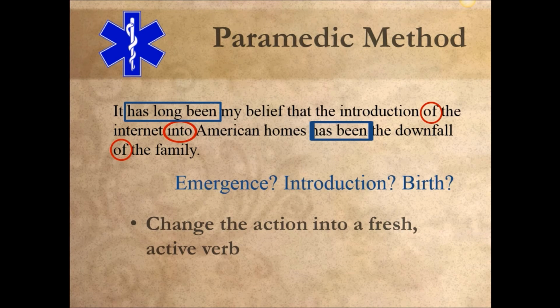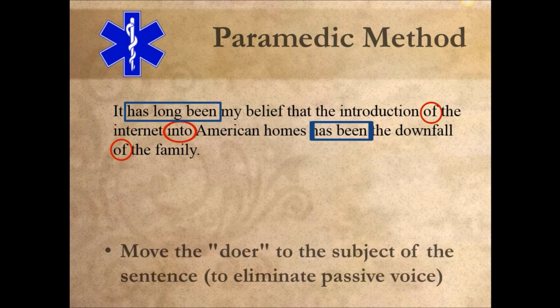We don't want that. Was it born? How about that family? What's happening to it? Is it falling? The family is falling. The family's downfall. Let's figure out what's happening there. We can do that once we start rearranging the sentence. So let's rearrange the sentence.